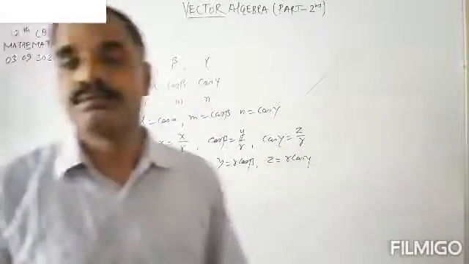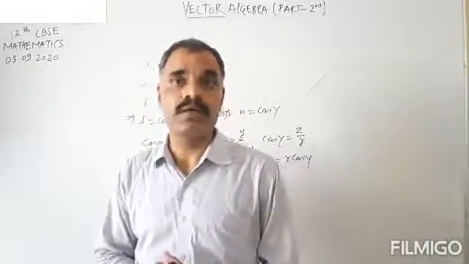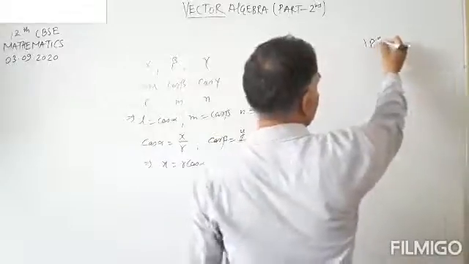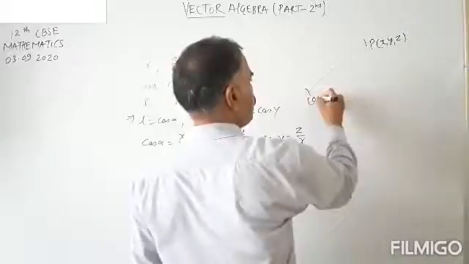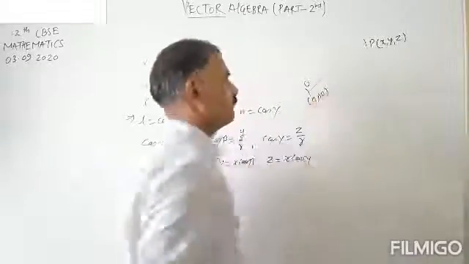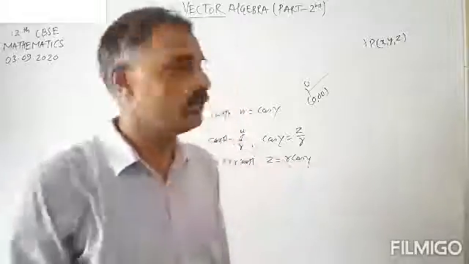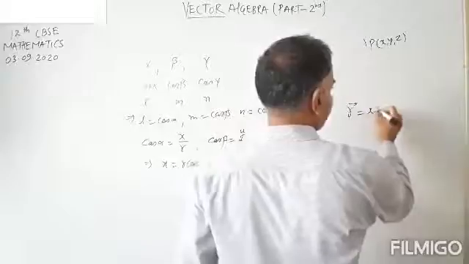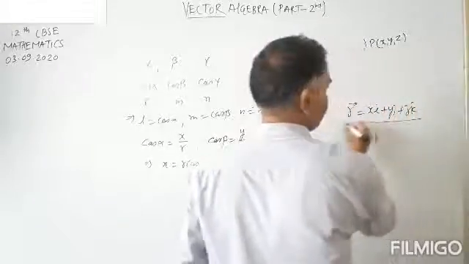We have already told you that the position vector of any point P whose coordinates are x, y, z with respect to the origin O with coordinates 0, 0, 0 is represented as r vector, and r vector equals x i cap plus y j cap plus z k cap.